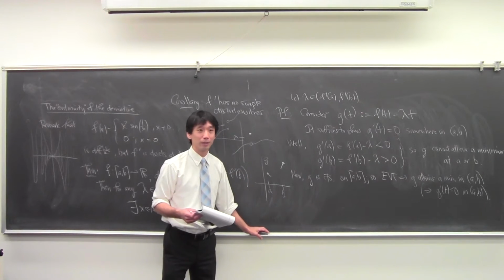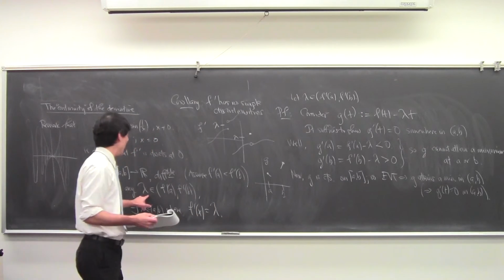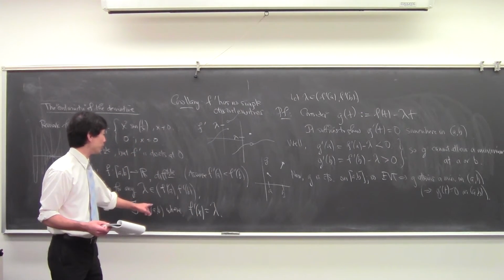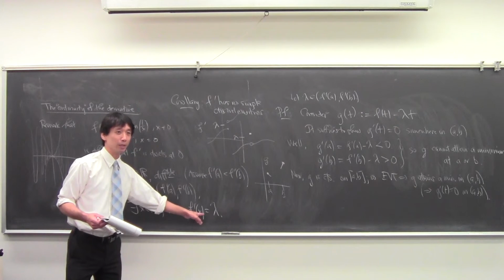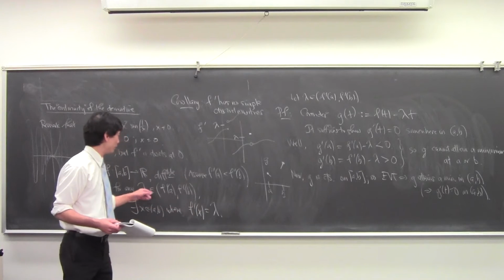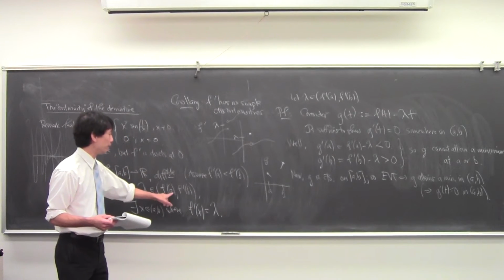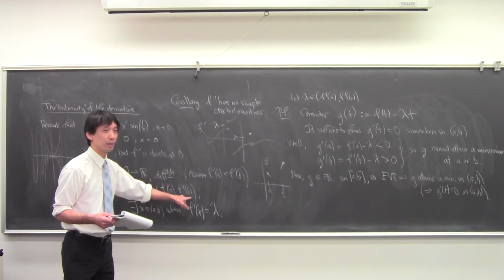So why do we need a lambda again? Remember, we're trying to show that f prime is lambda. Remember what lambda is. Lambda is this value between f prime at a and f prime at b.